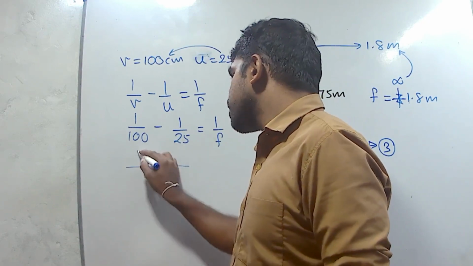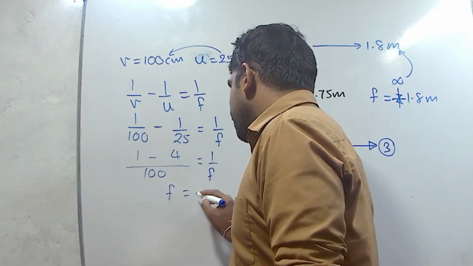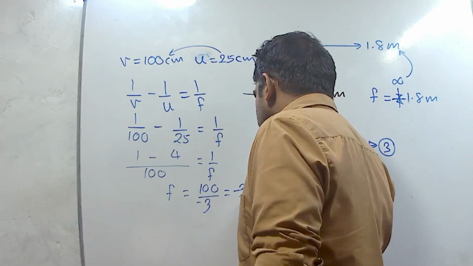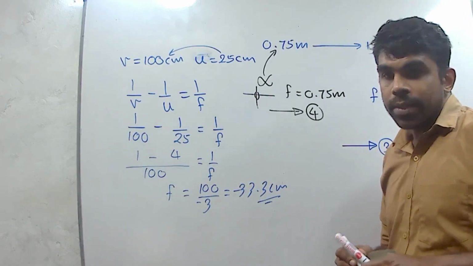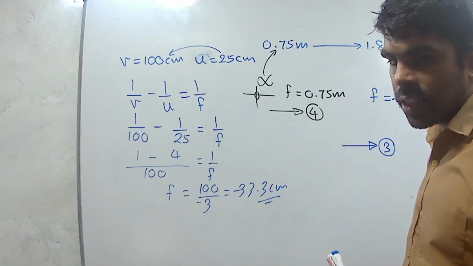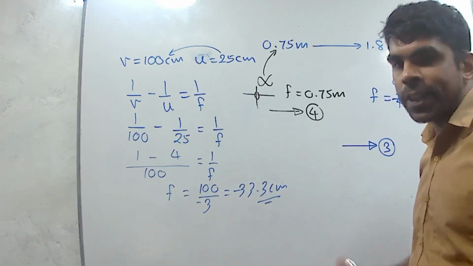LCM 100, 1 minus 4. It is 1 over F. F is 100 divided by minus 3, minus 33.3 centimeters. Then minus means it should be a convex lens and the focal length should be 33.3.